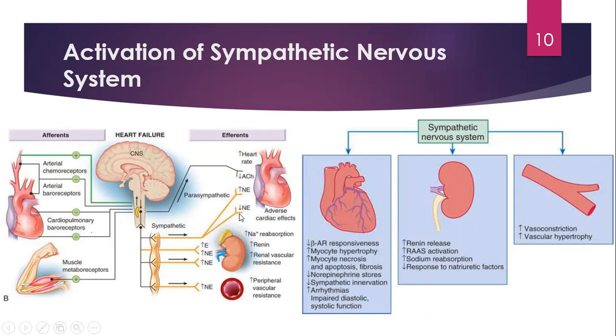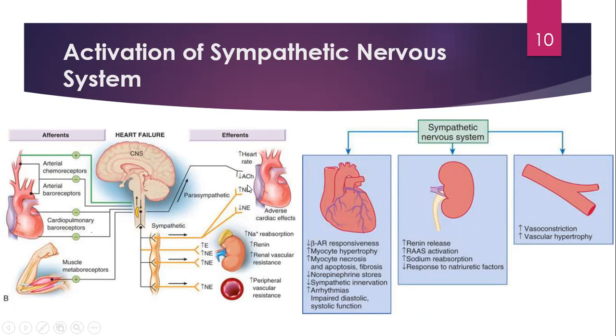That's why you're seeing this arrow coming down; it refers to the stores of norepinephrine, which are depleted when you have excessive stimulation. Also, within the myocardium, when you have excessive stimulation of the sympathetic pathway, the sensitivity to norepinephrine falls over time.